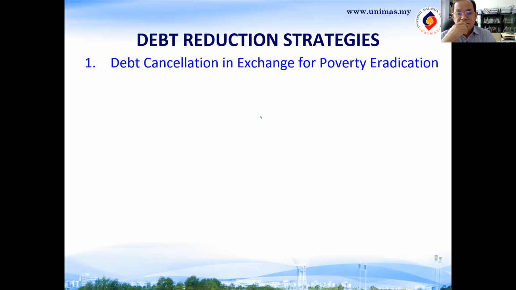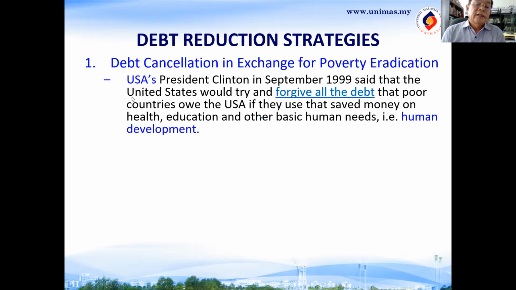The problem with poor countries is that many still remain poor because the money which could be used to solve the problem of the poor has been used to pay for the debt, so it will never end.